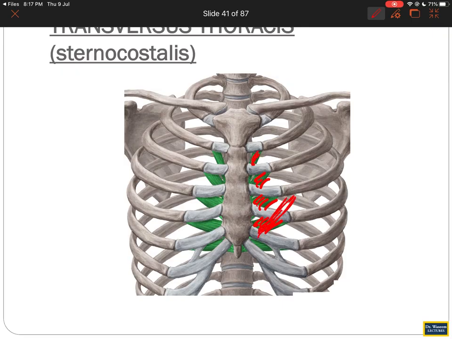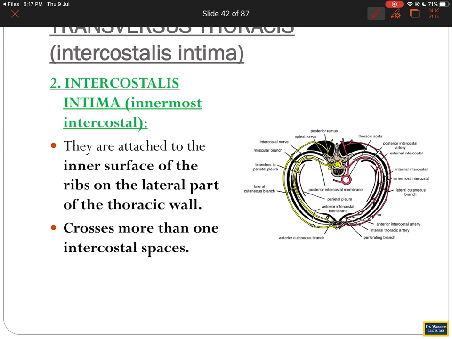This is from the innermost here, because in between you have already seen external intercostal and the internal intercostal. This is sternocostal, but the second one I told you, this one here, is called the intercostalis intima, the innermost intercostal. Inner surfaces of the ribs on the lateral part of the thoracic wall, crosses again more than 1 space.